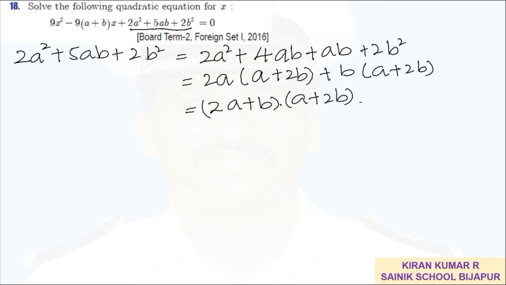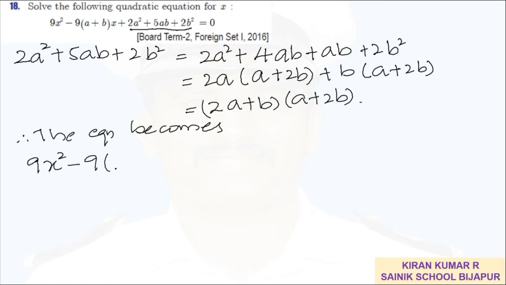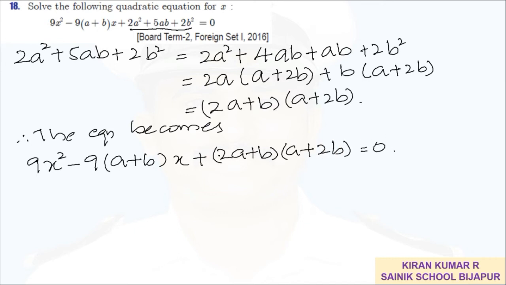Now this should be considered along with the equation. What will be the equation now? Therefore, the equation becomes 9 times x square minus 9 times a plus b times x plus 2a plus b multiplied to a plus 2b equal to 0.